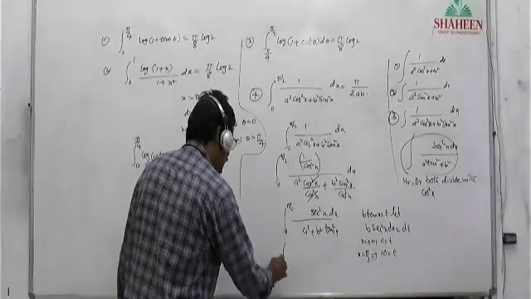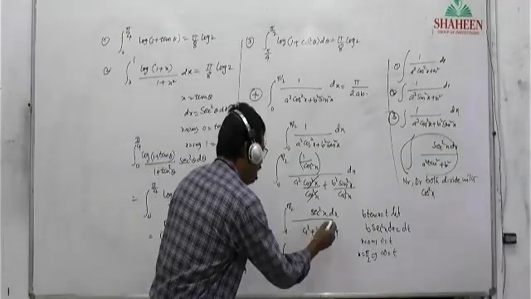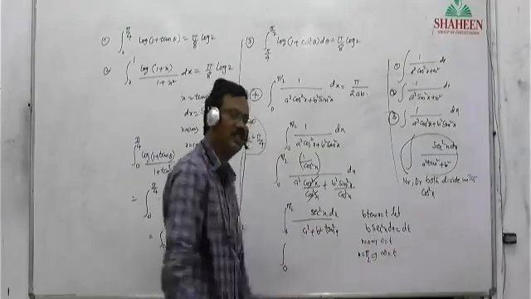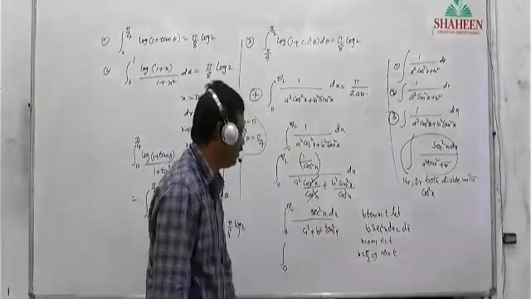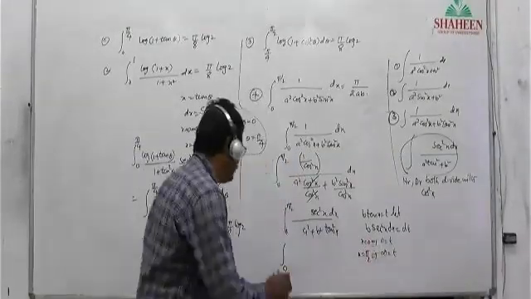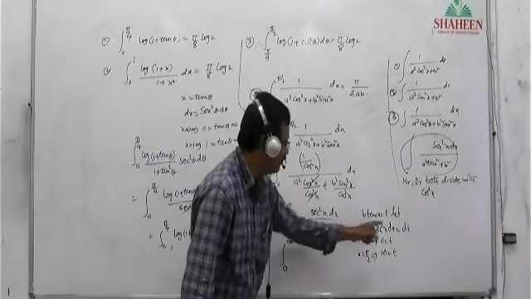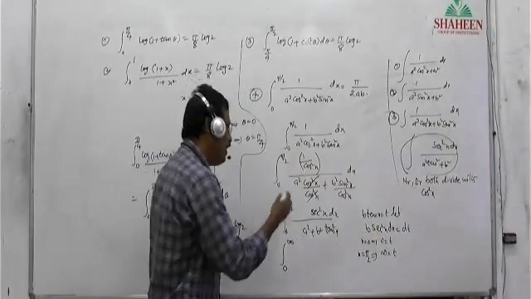Therefore, this is the integral. Now see that, lower limit: if x is 0, then t is 0. Is it okay, all of you? And if x is equal to pi by 2, then t is infinity. Is it okay? Sec square dx is what? Right, b sec square is there, b is not there.